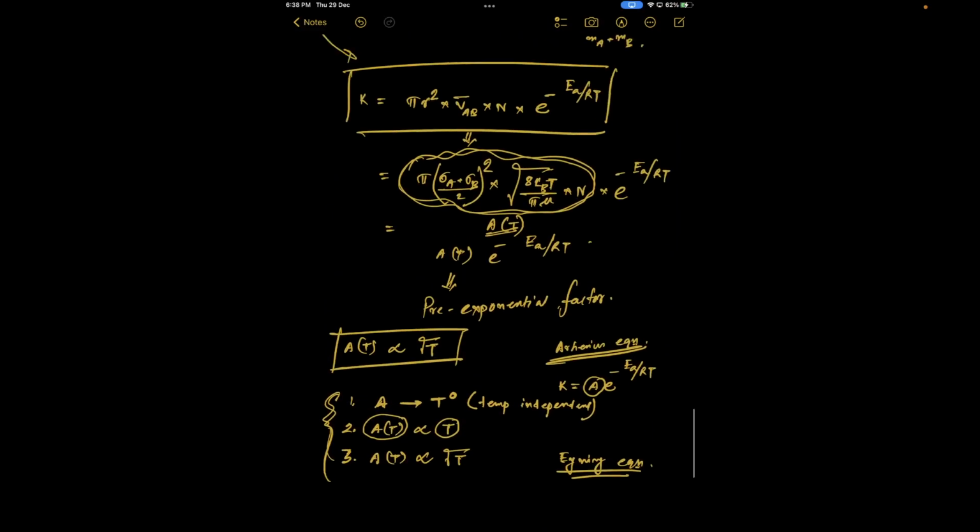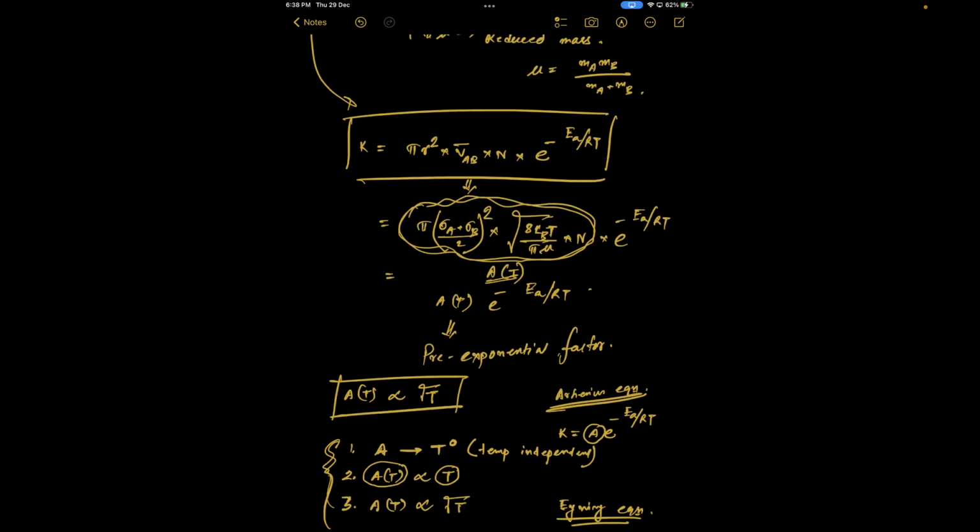From collision theory, we have seen that we can write down the expression of the rate constant K. K will be equal to pi r squared times average relative velocity times Avogadro number times exponential of minus EA divided by RT, right?